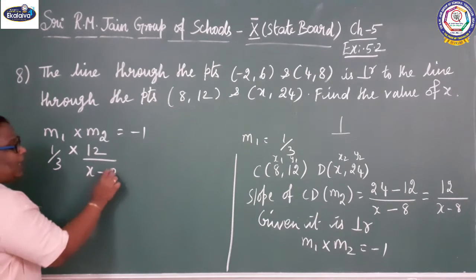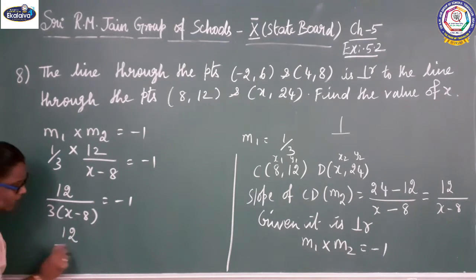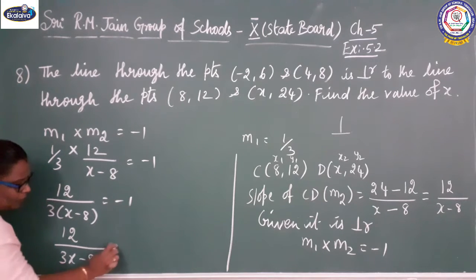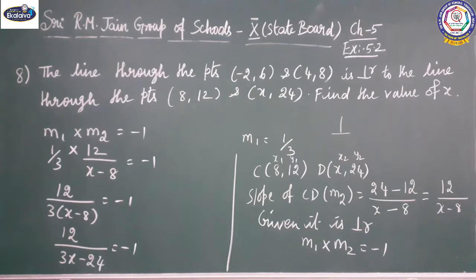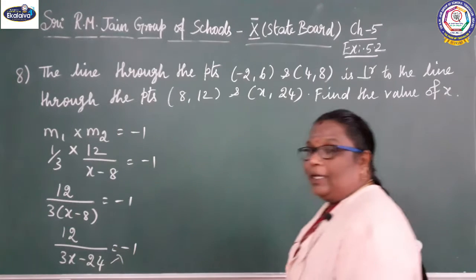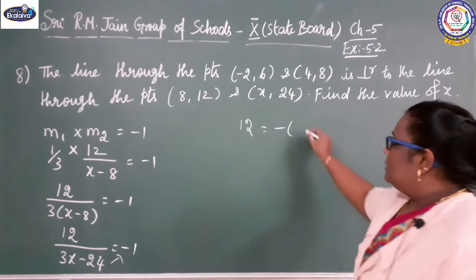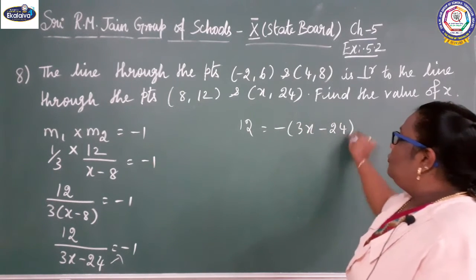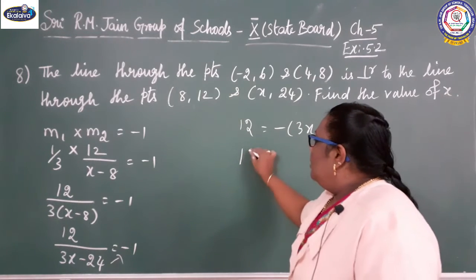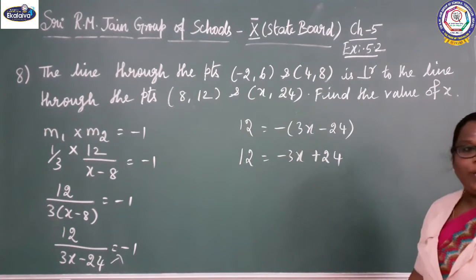So 1 by 3 into 12 by x minus 8 equals -1, which is 12 by 3x minus 24 equals -1. Cross multiplying, 12 equals minus of 3x minus 24, so 12 equals minus 3x plus 24, since minus into minus is plus 24.